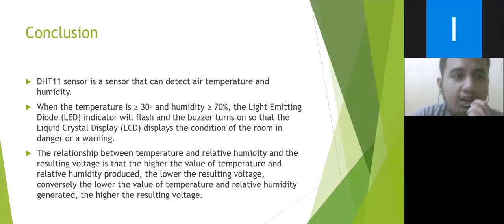And last, the conclusion. The DHT11 sensor is a sensor that can detect air temperature and humidity.